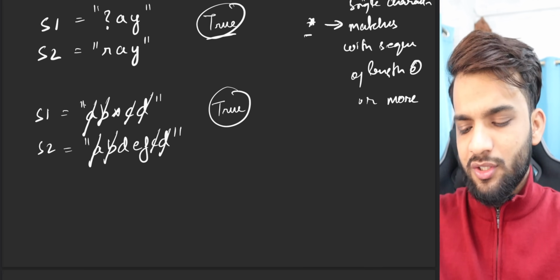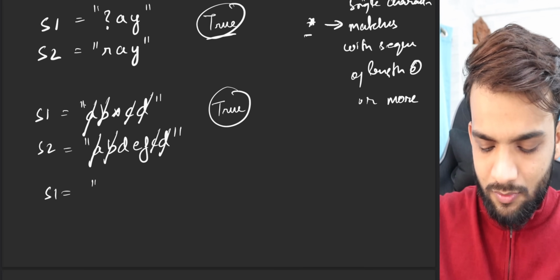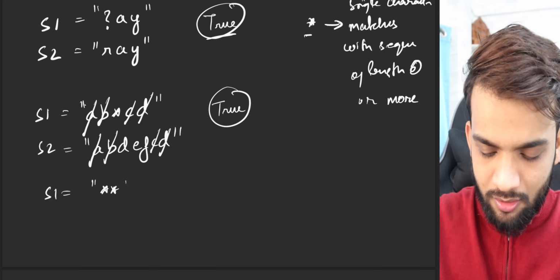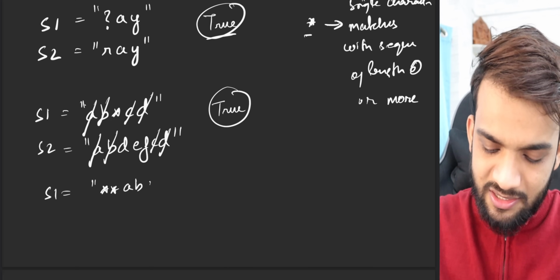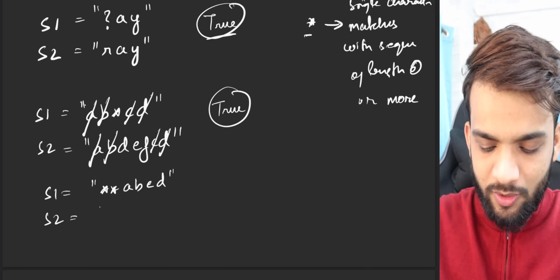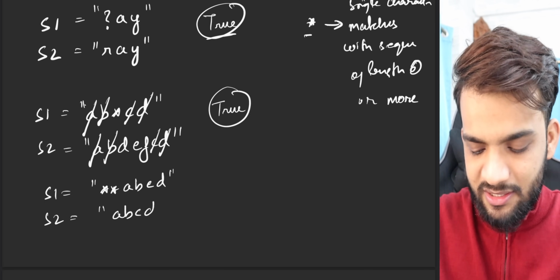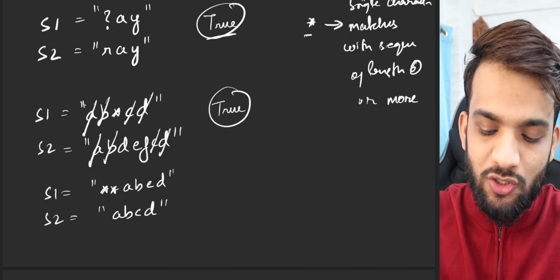What if I change the strings and say the string s1 is star, star, and something like ABCD, and the string s2 is something like ABCD? Are they matching? The answer is yes, they are matching. Why?